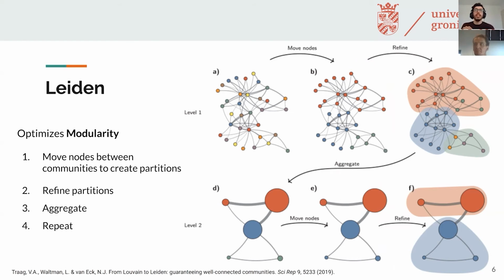Leiden starts by assigning each node to its own community, then starts moving nodes into communities by trying to increase the modularity. Then there is a refinement stage where some communities get separated. Then communities are aggregated into, let's say, a giant node, and then the process is repeated until we cannot further increase the modularity.